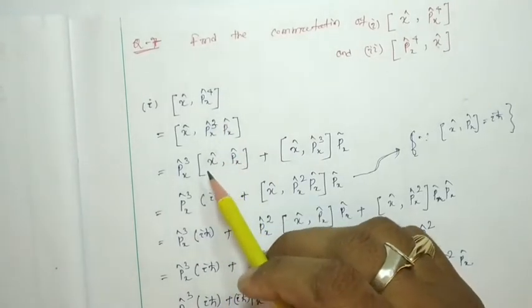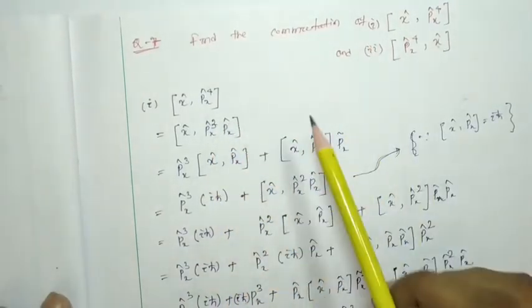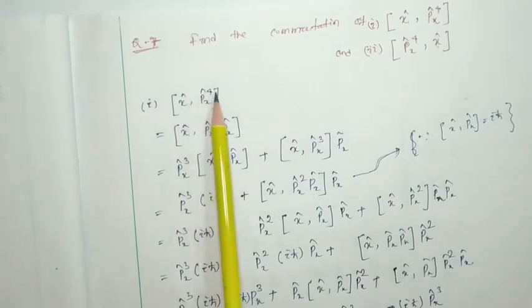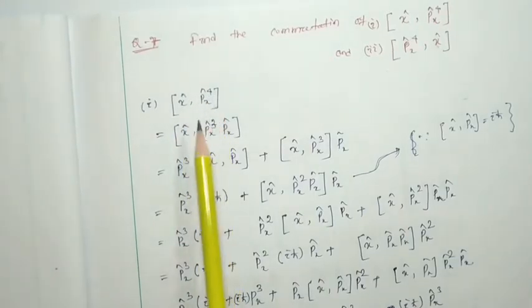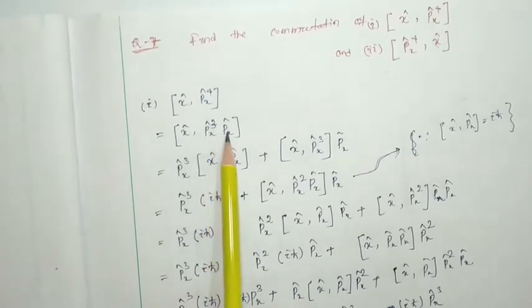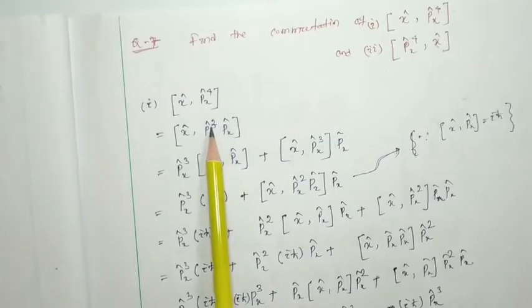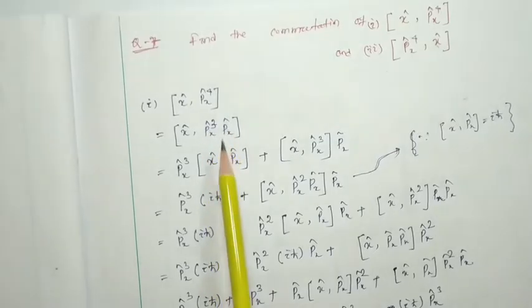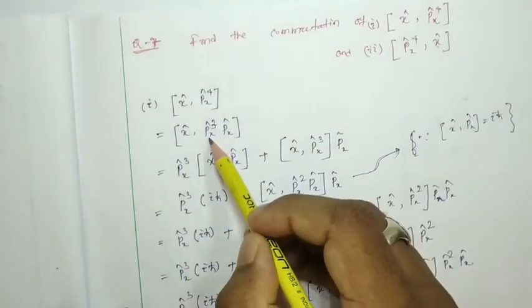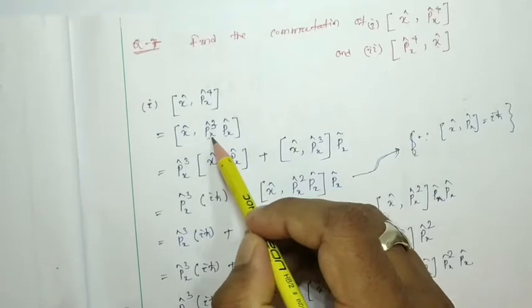Okay, so I am going to do the step by step, you just watch carefully. So here x cap px cap to the power 4 is there. First I have to write in this format: px cap cube into px cap. You can write px cap into px cap cube, no problem, you will get the same answer. So this is the first, this is the second, or left and right you can consider.